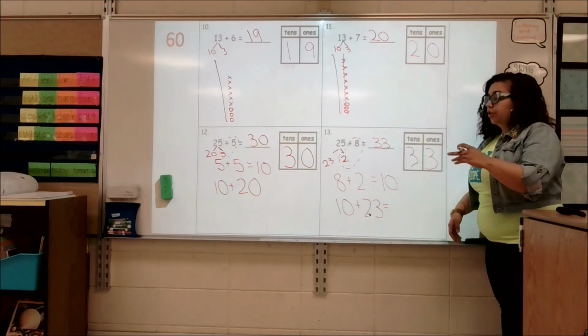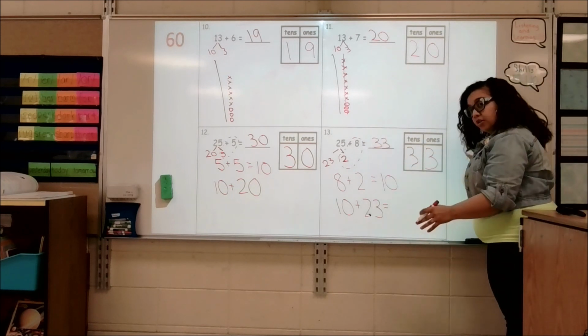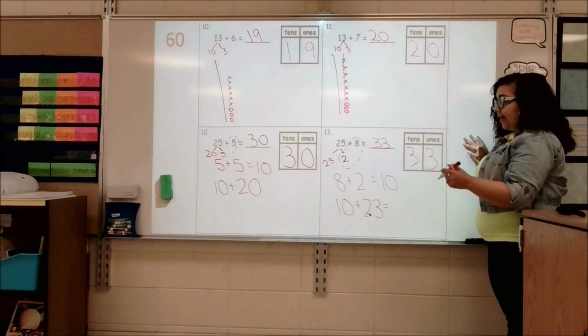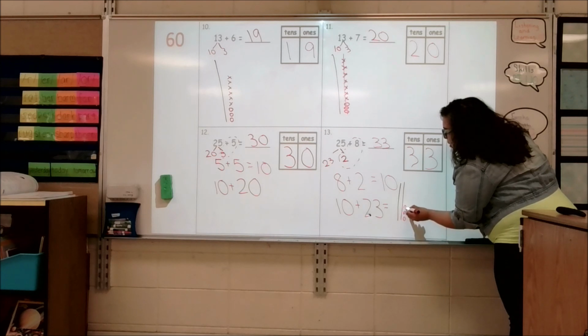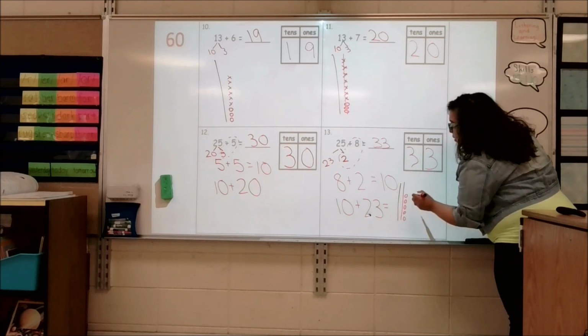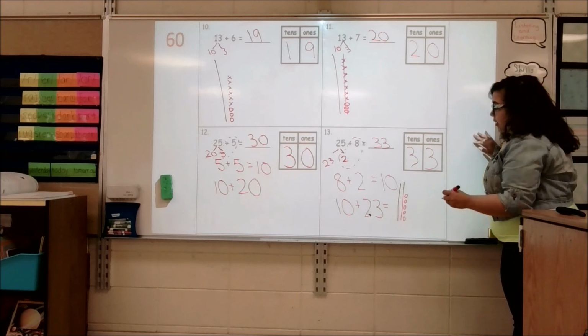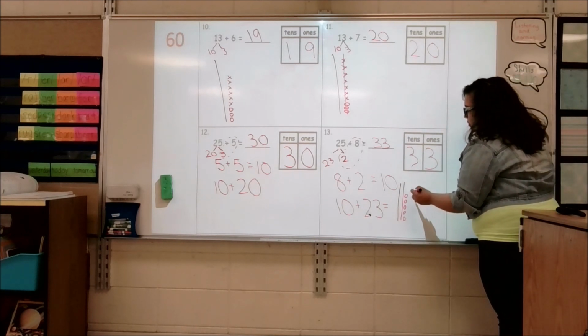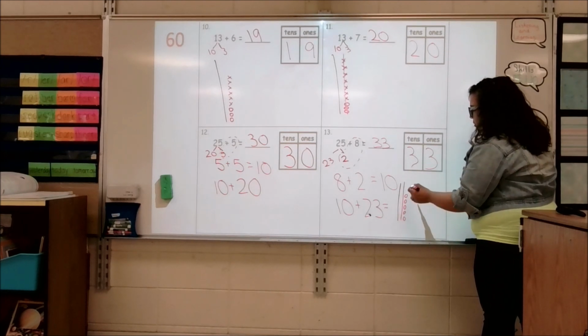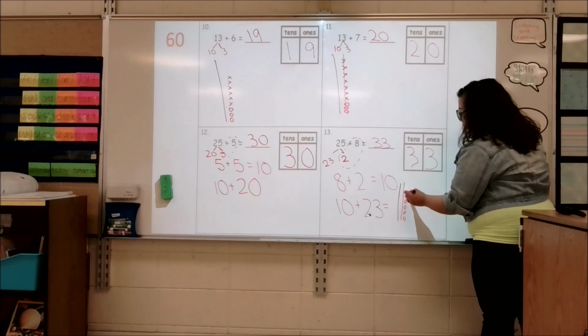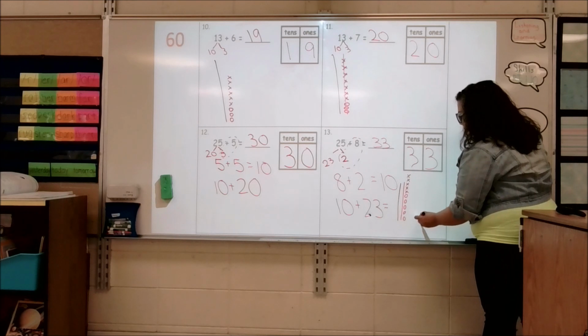So let's draw a picture to show what we just did. So what we do is we draw each part as it is given, okay? 10, 20, 21, 22, 23, 24, 25, correct? 1, 2, 3, 4, 5, 6, 7, 8.